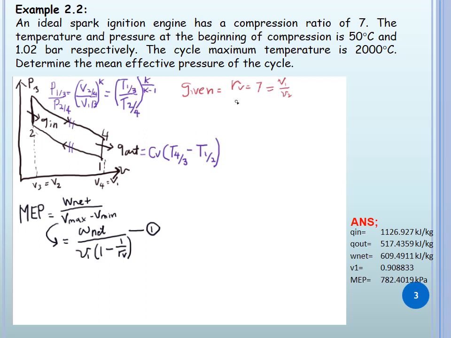Then we have T1, the temperature at 1, which is 50 plus 273. Change everything to Kelvin. Temperature must be in Kelvin and pressure must be in kilopascal. And the temperature at maximum.